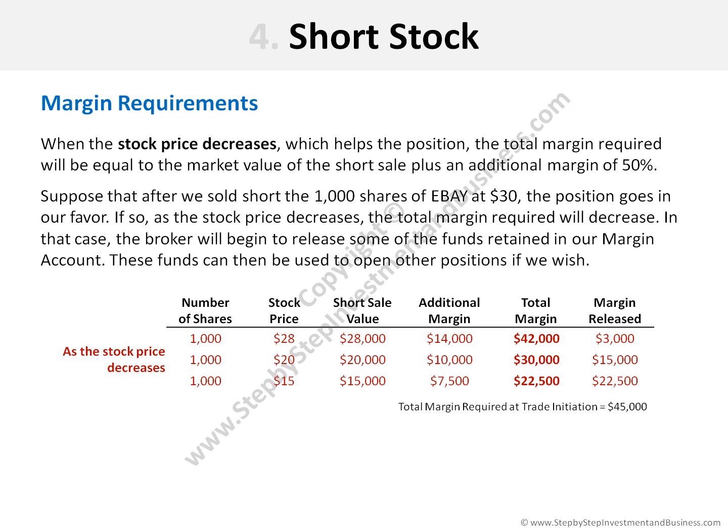In the bottom table, we can see what happens as the stock price decreases. Suppose that after initiating the trade, the stock falls to $28. At that time, the value of the short sale will be $28,000, and the additional margin will be the 50% of that value, that is, $14,000.